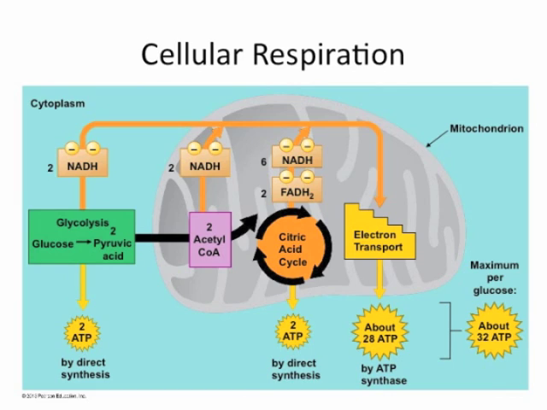So the first step in cellular respiration is glycolysis. Glycolysis takes glucose, converts it into pyruvate, and in the process it converts a little bit of NAD+ to NADH and converts some ADP to ATP.